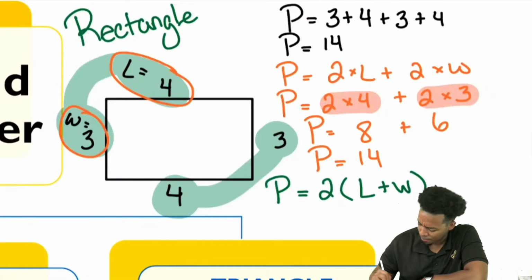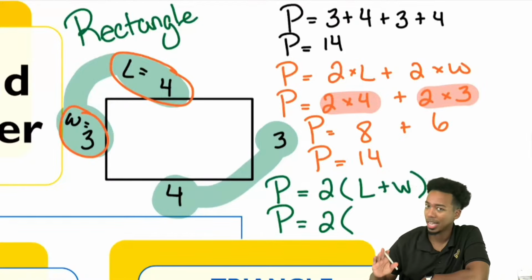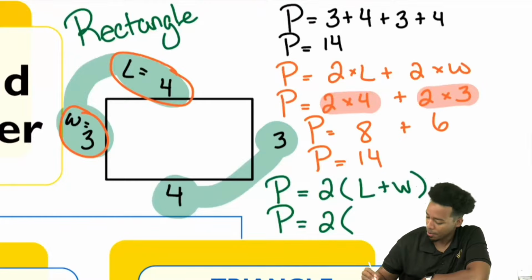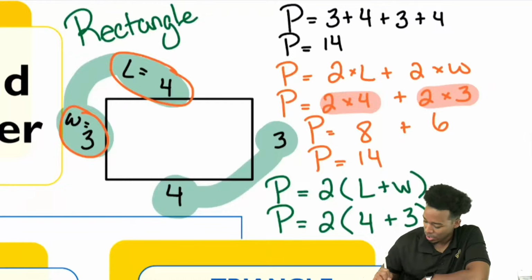Everybody, let's plug it in. Perimeter equals 2 times. Everybody, the length was what again? Help me out. No, not length times width, Seth. Length plus width times 2. Again, that's for perimeter here, 2 different ideas. But here, that would be 4. And then what was my width, everybody? Yeah, it's going to be 3, exactly. So let's see what happens.